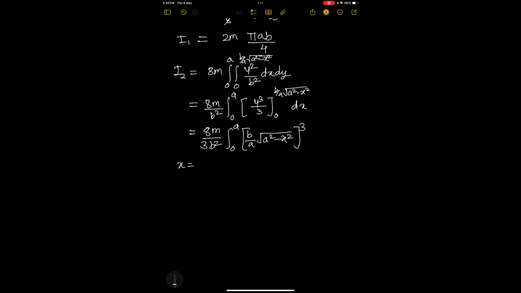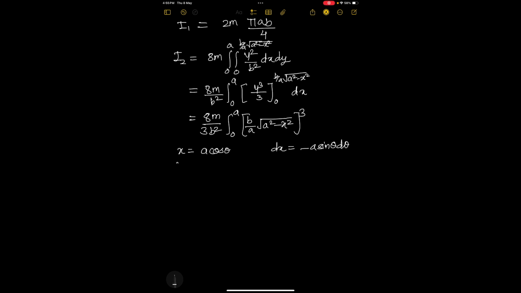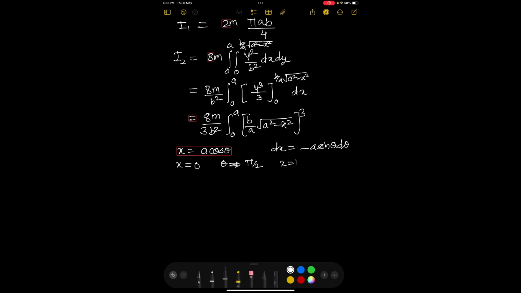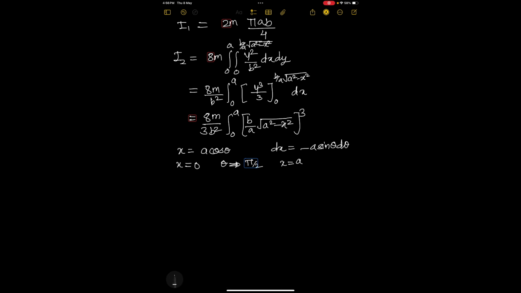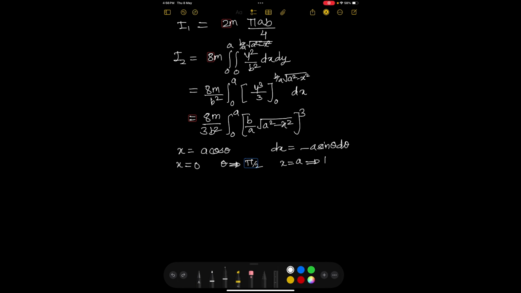Again we'll put x is equal to a cos theta, then dx is equal to minus a sin theta d theta. So when x is equal to 0, theta goes to pi by 2, and when x is equal to a, it goes to 0.